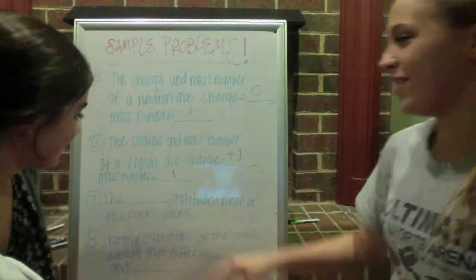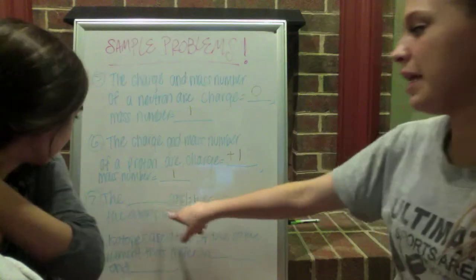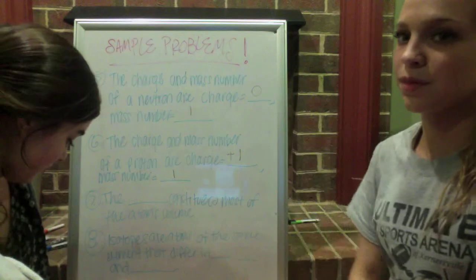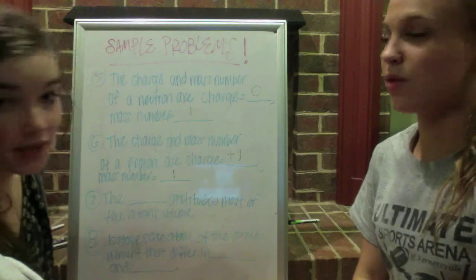And for number 7, the blank constitutes most of the atom's volume. The electron cloud.